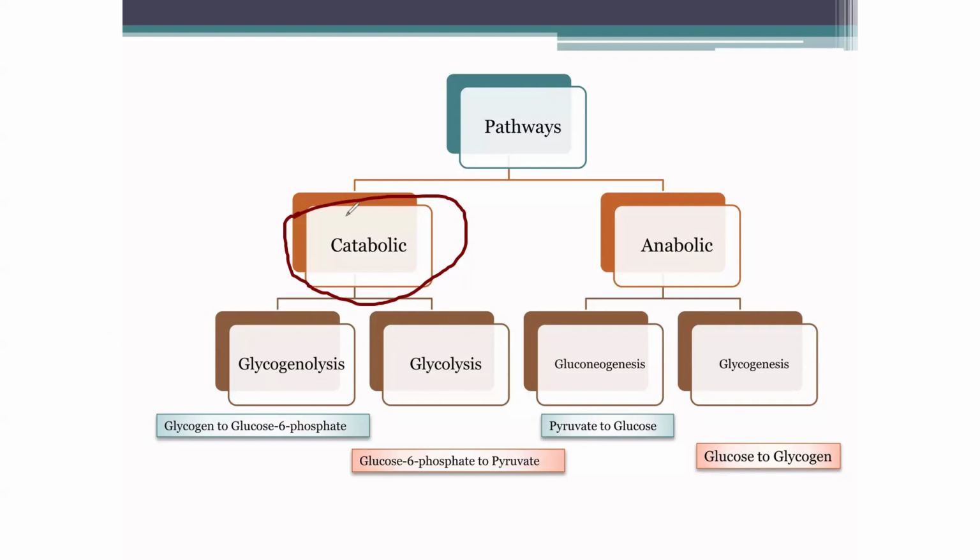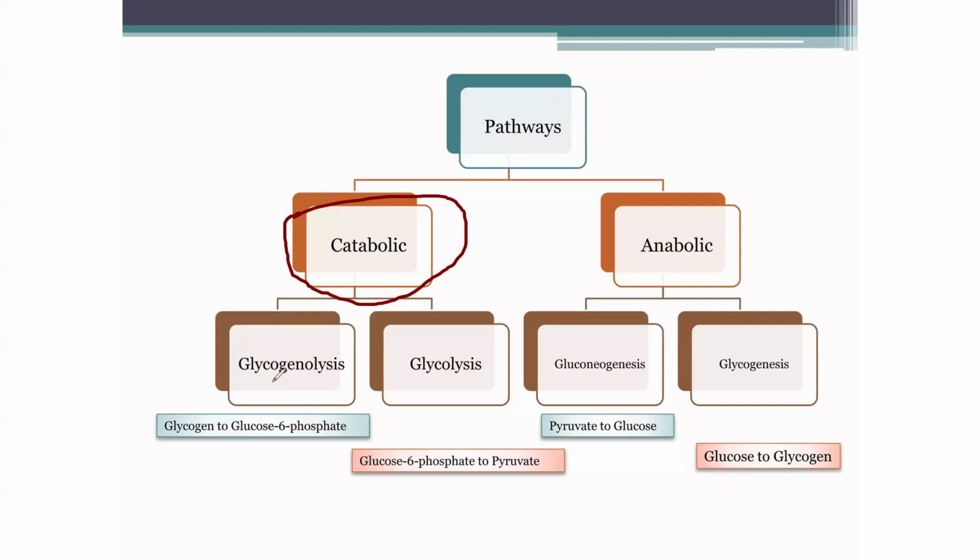They break down larger molecules into smaller ones. Breaking down complex glycogen into individual glucose is called glycogenolysis. And at the same time, we have glycolysis, where glucose is broken down into pyruvate.